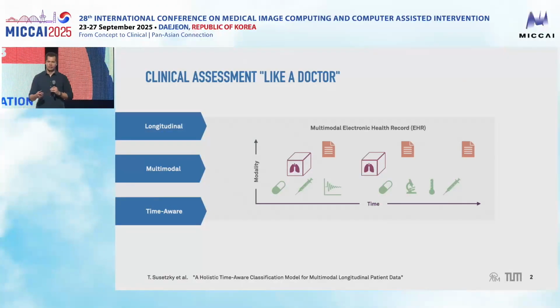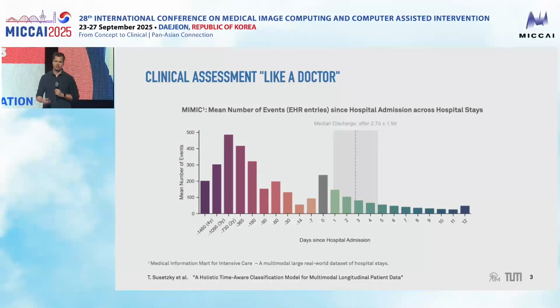Integrating large amounts of patient journeys, patient history, appears especially relevant since in real-world datasets such as MIMIC, we see that patients very often only have a small number of EHR entries or events actually occurring during their current hospital stay. In comparison, their history, their patient journey is much richer in information.